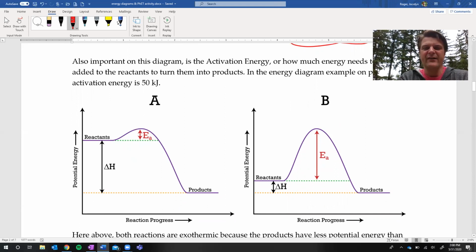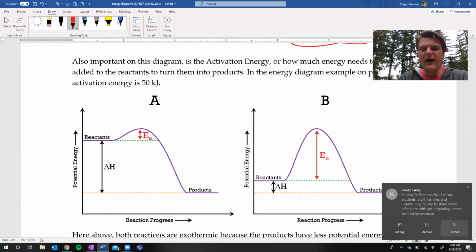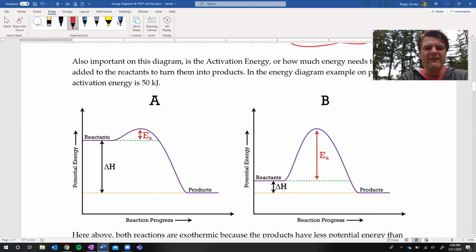So in this case on diagram A, what you have is a very small bump, right? It's just like a little speed bump. It's going to be easy to go over that. That's the activation energy. So you start the reactants at a certain amount of energy, and we could call that, I don't know, let's call this like 150. And you need to add maybe like plus 10, right?